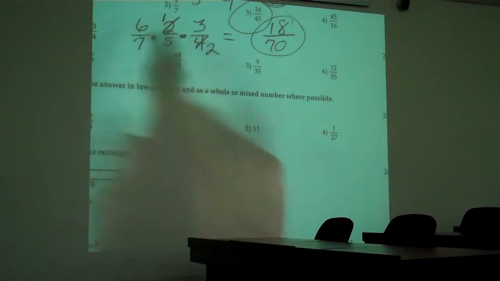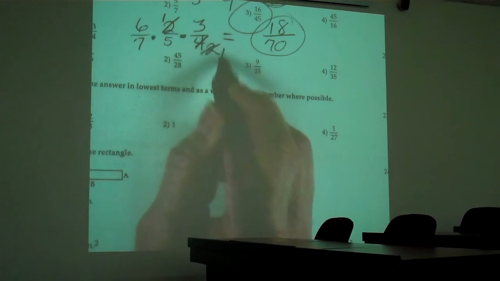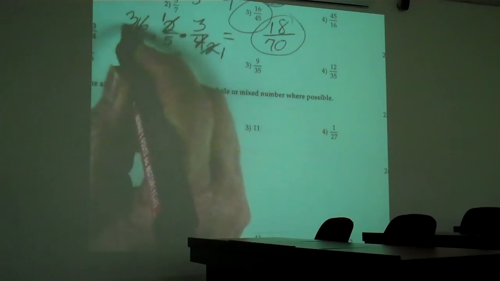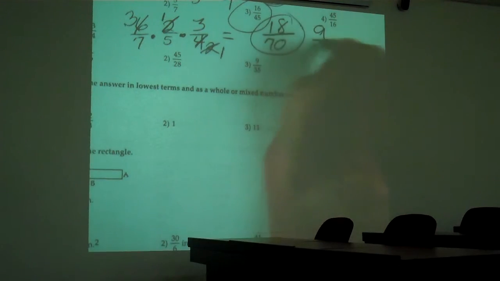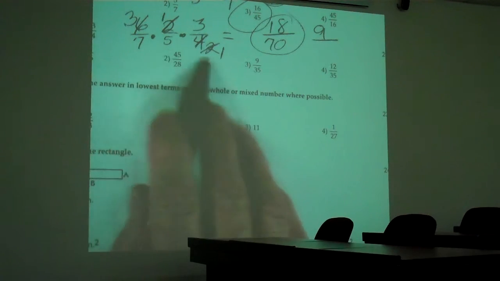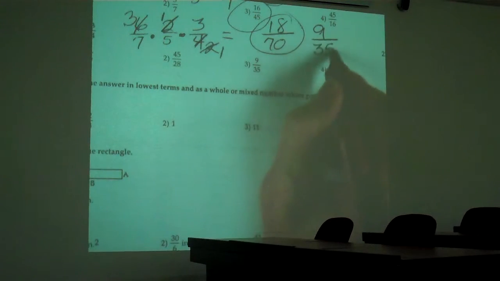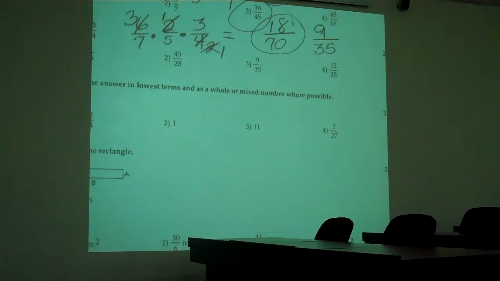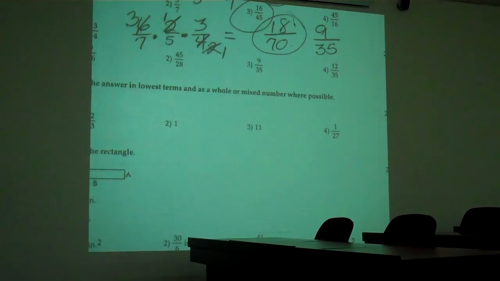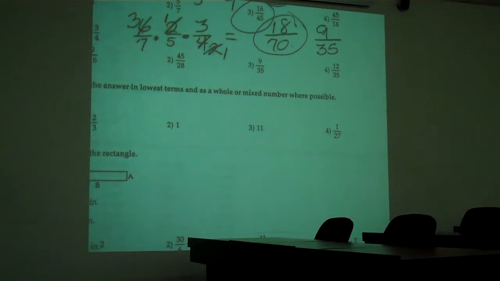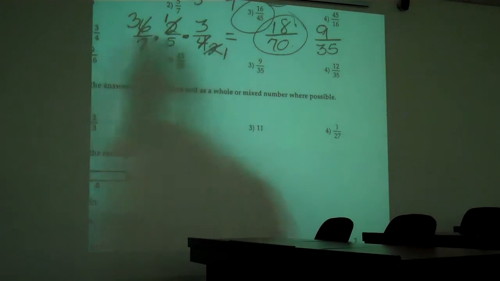Divide by 2, divide by 2 is 3. 3 times 1 is 3, times 3 is 9. 7 times 5 is 35. That's the same as dividing these by 2. It's any bottom and any top, as long as it's not top and top, or bottom and bottom. Any bottom, even all the way over here and all the way over here.